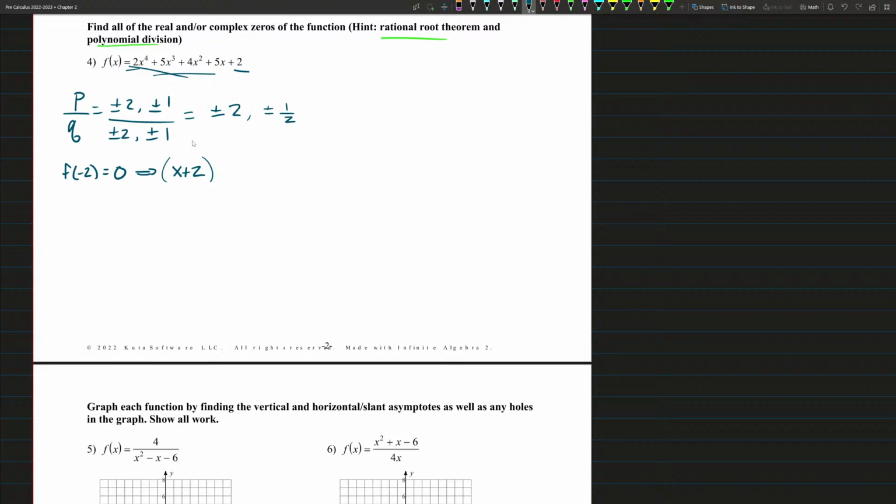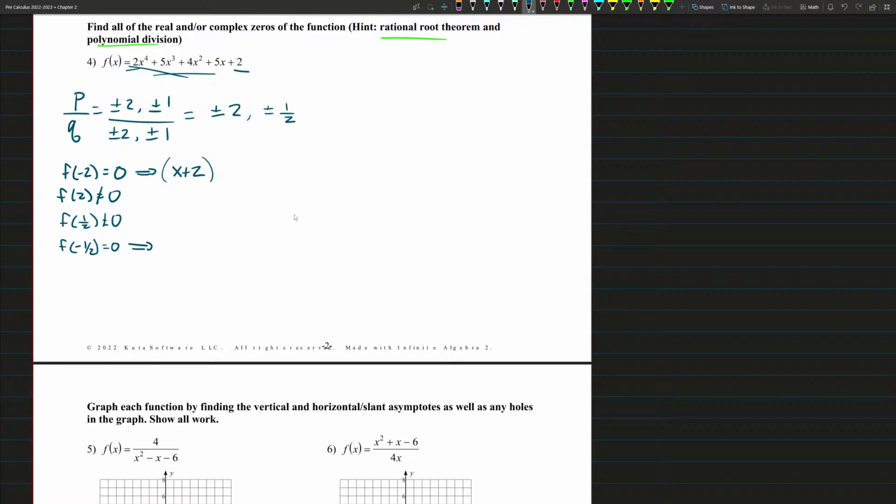I'm going to try and plug another one of these in and see what happens. So I'm going to try f of 2 as well, just to save us a little time. Okay, so I'm testing all of these.